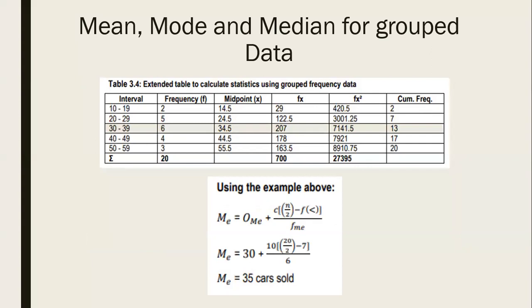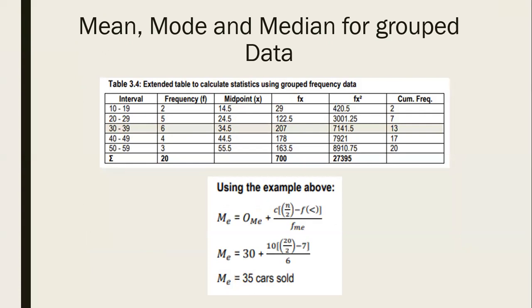All right, so coming now to this example, how do we calculate the median? We have to identify first what the median class is. In this case, the median class is the class with the highest frequency, so this is the class 30 to 39. We take the lower bound there, which is our OME. That is the reason why we have a 30 there, because that is the lower class limit of that class.